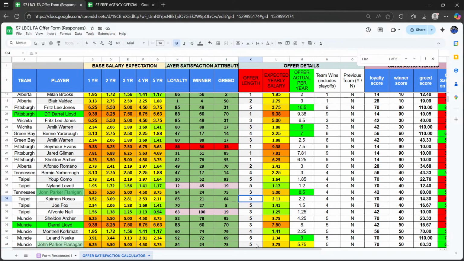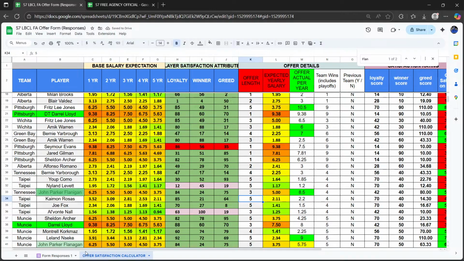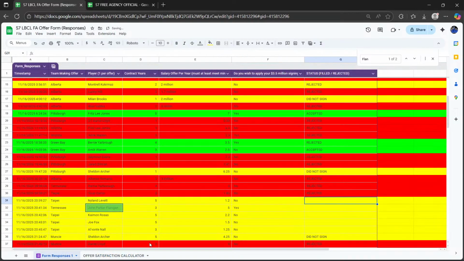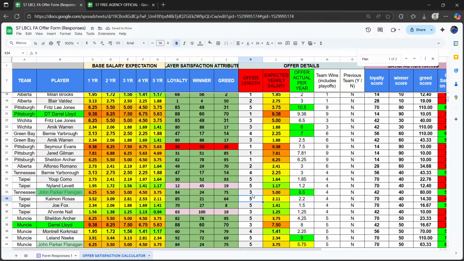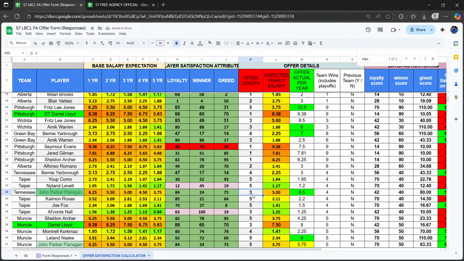If you take the length of Tennessee's offer and put that at a 5 instead of a 3, their satisfaction rating jumps all the way up to 70. So as near as I can tell, the difference here really was the length of the contract offer.